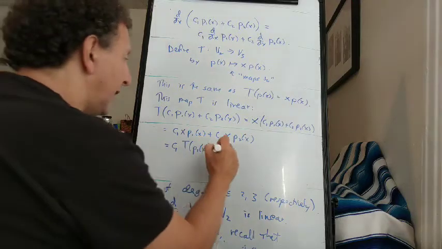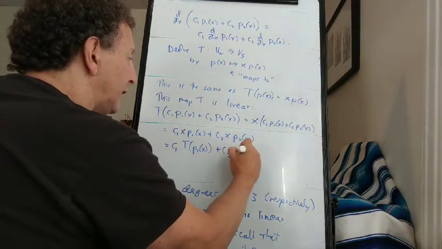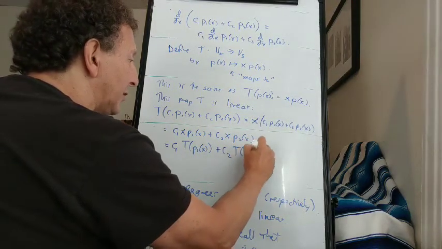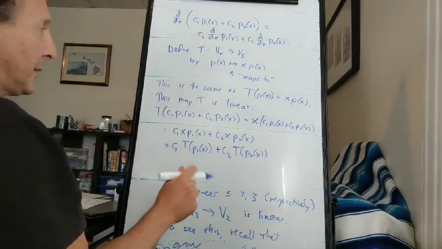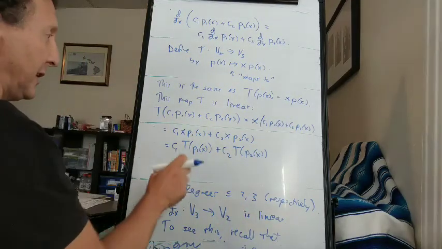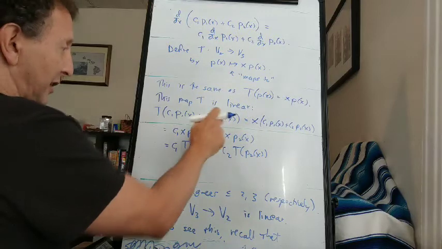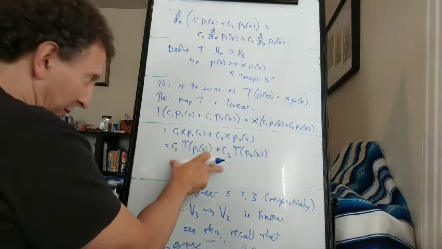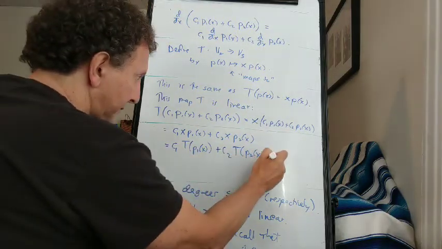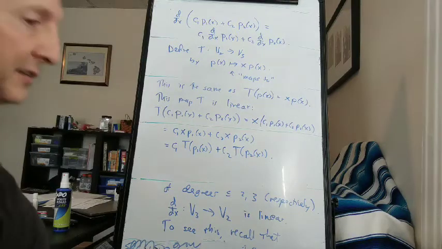And then x p2 of x is the same as T of p2 of x. Oh, so I guess I've gotten the other version already. So it looks like T of this linear combination is equal to the same linear combination of the T's. So that means T is a linear map.